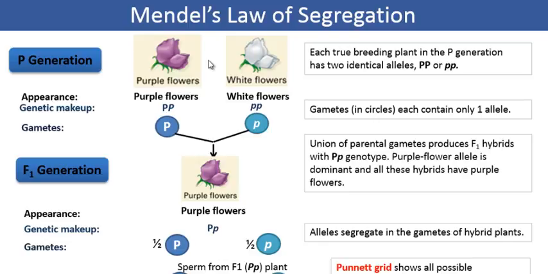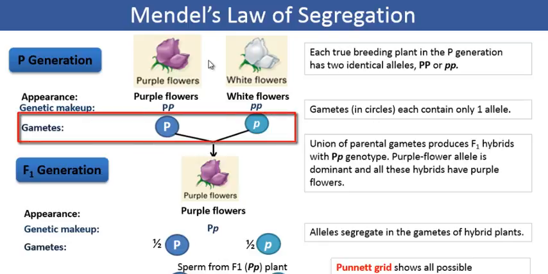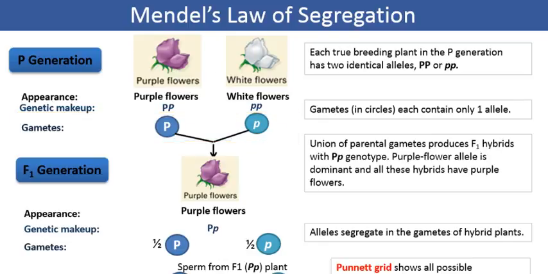Now, during the formation of gametes, so I'm talking about during the formation of eggs and sperm, there's only one possible allele that can end up in the gametes that we get from a pure breeding purple flower, and the gametes that we get from a pure breeding white flower.